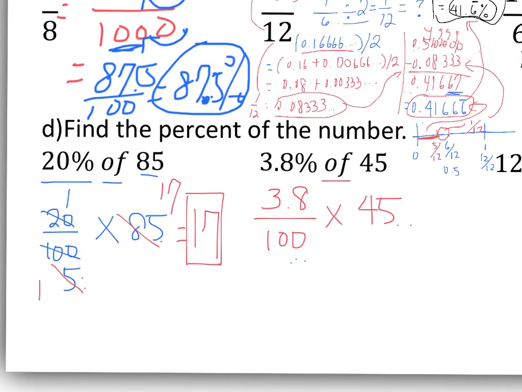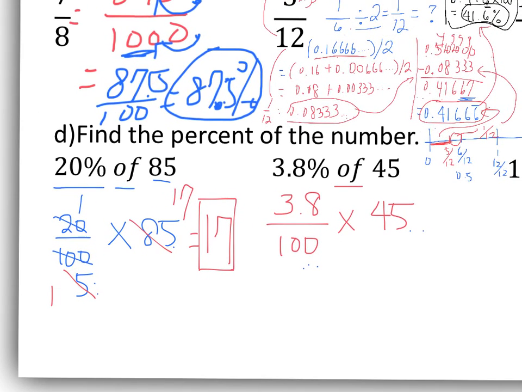So I'm going to divide 100 by 5 to get 20. Divide 45 by 5 to get 9. And then here I can divide by 2. 20 divided by 2 is 10. 3.8 divided by 2 is 1.9. And that's all I can do.